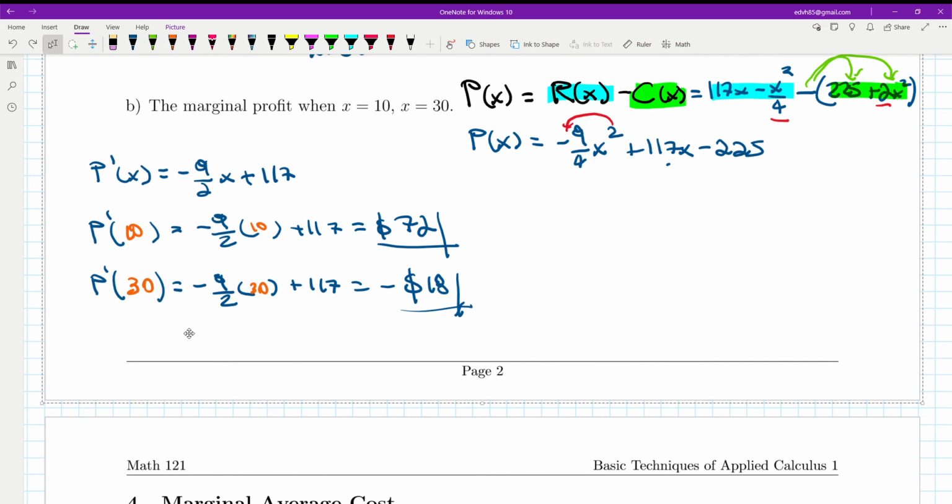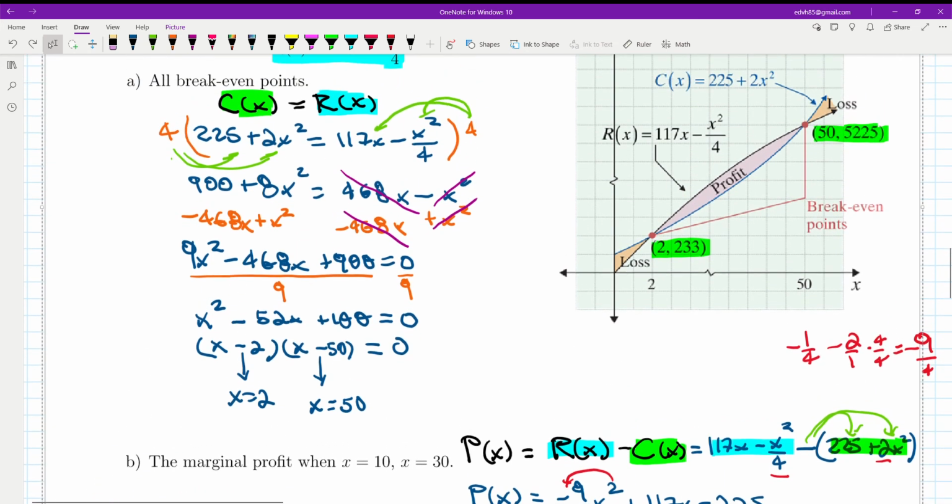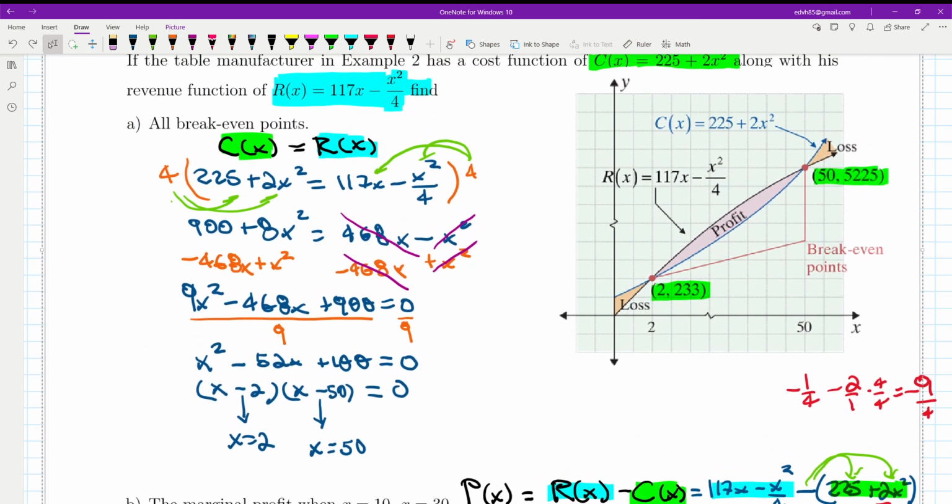This does not necessarily mean that there is a loss, but as the production increases, the profit per table is growing less because costs are increasing faster than the revenue, and eventually you will get past the break-even point, you will start losing money, because in this case your cost will be bigger than your revenue.